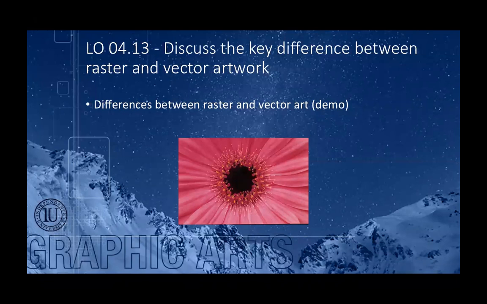So we'd already talked a little bit about resolution, and resolution is the idea that you have a bunch of little pixels, a bunch of little squares of color crammed into an inch of your document. So if you have 300 DPI, that means you have 300 little squares of color crammed into an inch of your document.